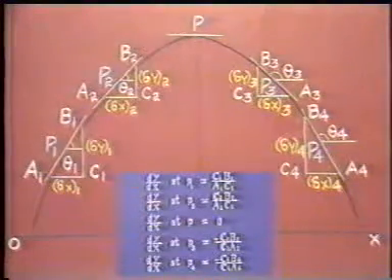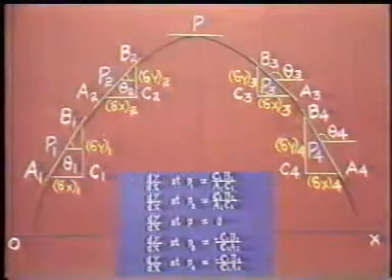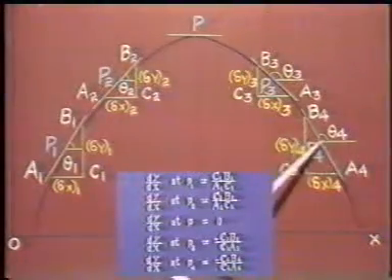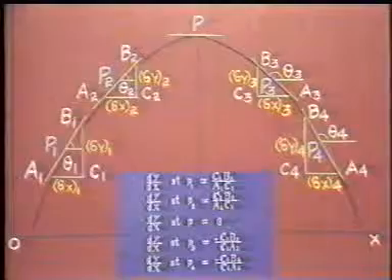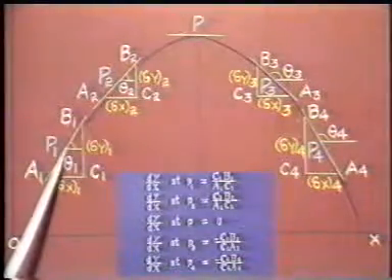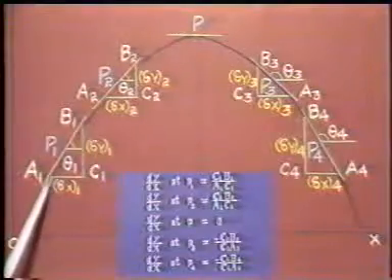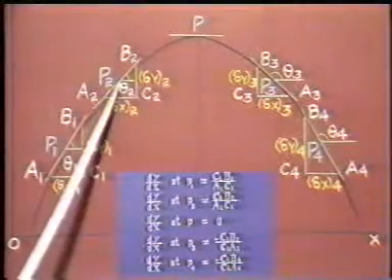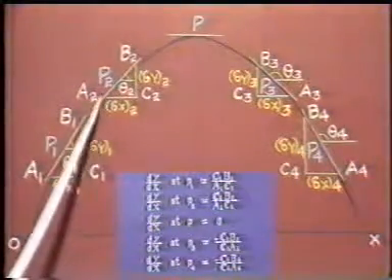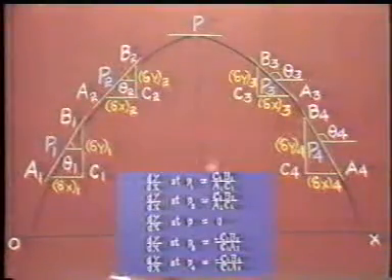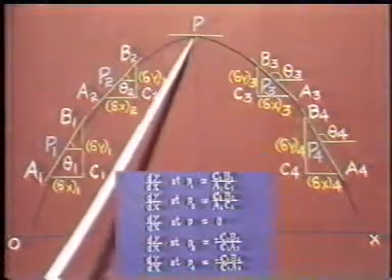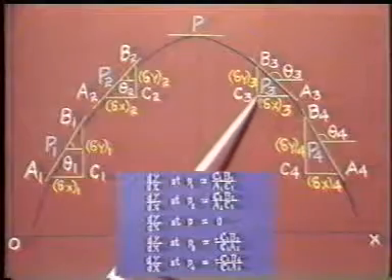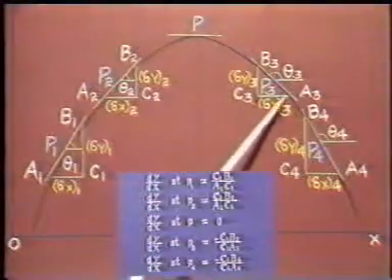Now let us compare the values of slope dy upon dx at all points P1, P2, P, P3 and P4. dy upon dx at P1 is approximately equal to C1B1 divided by A1C1. dy upon dx at P2 is approximately equal to C2B2 divided by A2C2. dy upon dx at P is equal to 0. dy upon dx at P3 is approximately equal to minus C3B3 divided by C3A3.